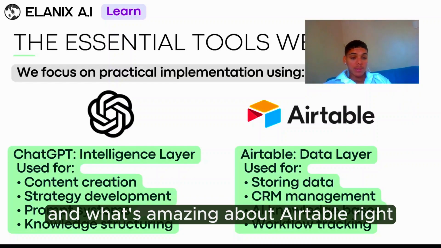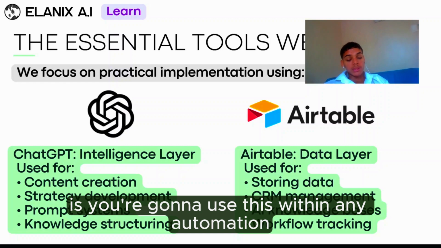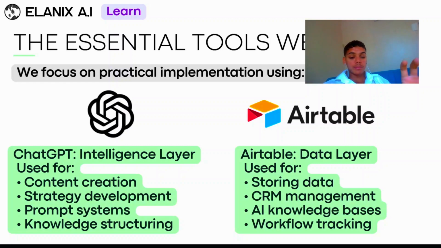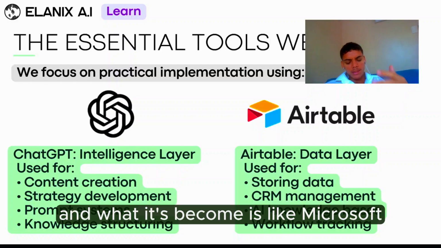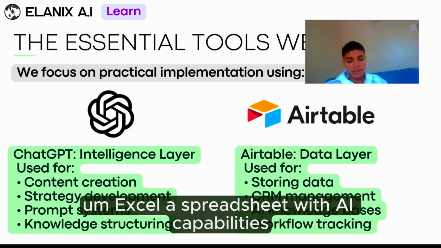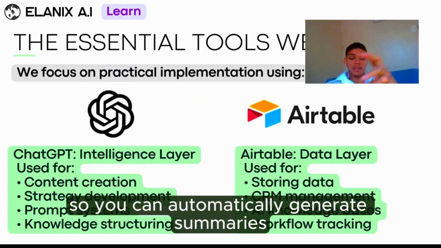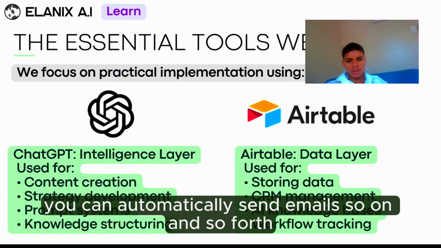What's amazing about Airtable is you're going to use this within any automation. They've also introduced AI agents, and what it's become is like Microsoft Excel, a spreadsheet with AI capabilities. So you can automatically generate summaries, you can automatically send emails, and so on and so forth.